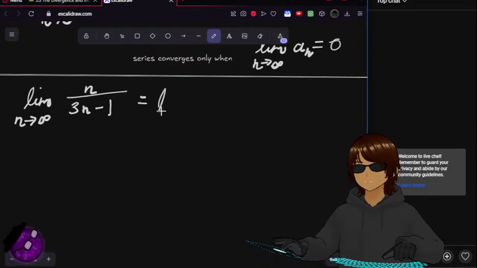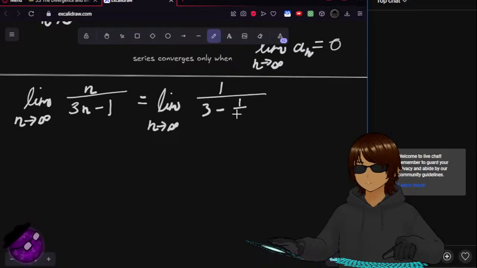Divide both sides by n. So 1 over 3 minus 1 over n. As this approaches infinity, we get 0.